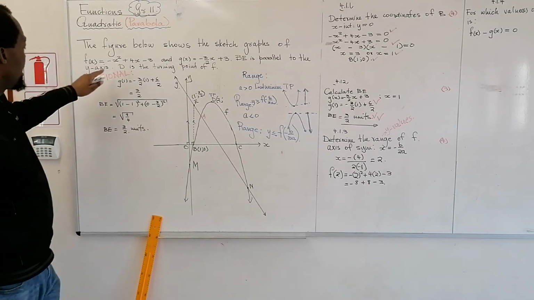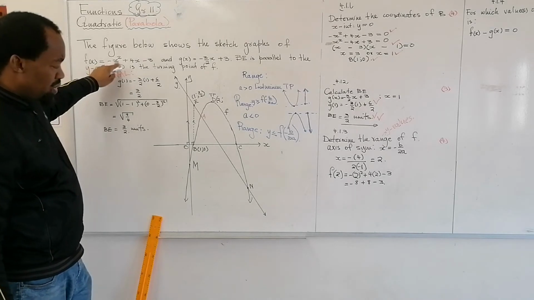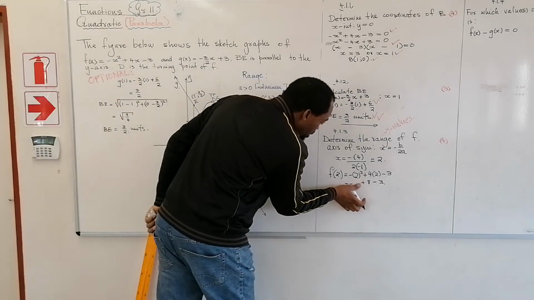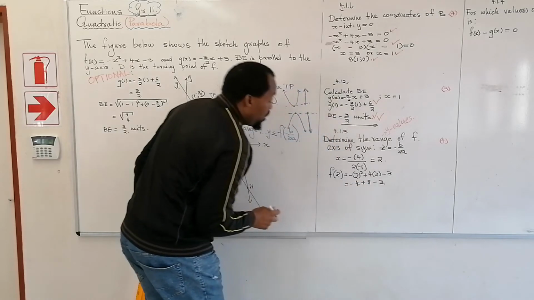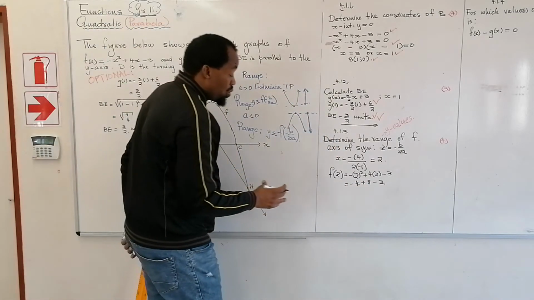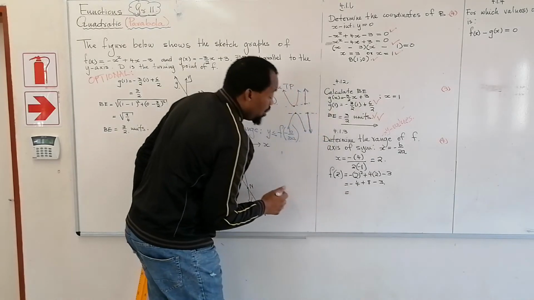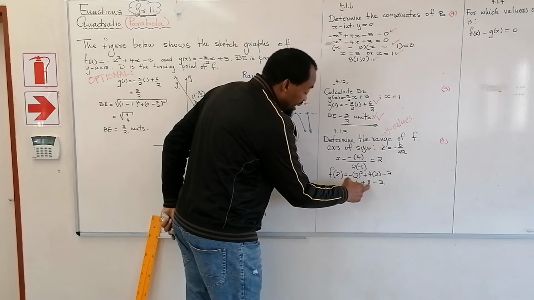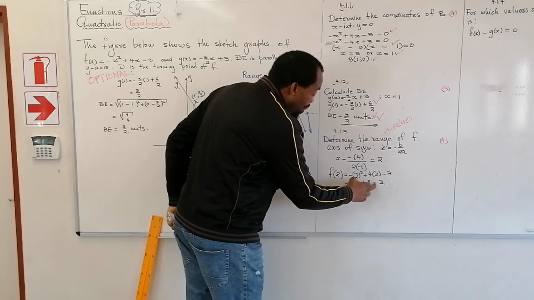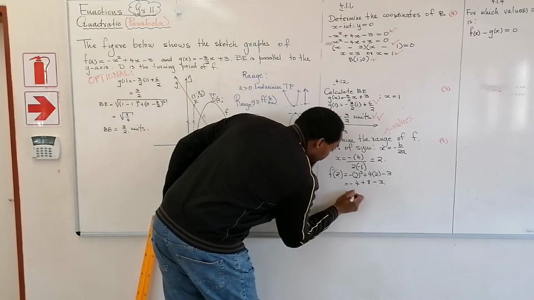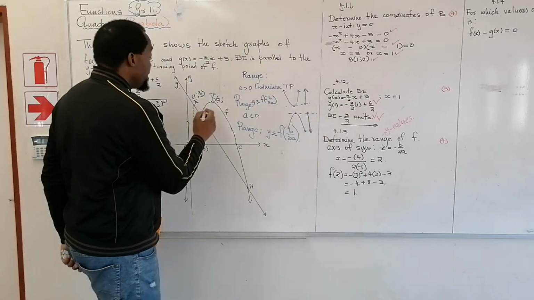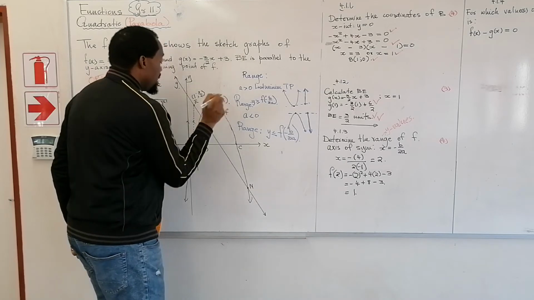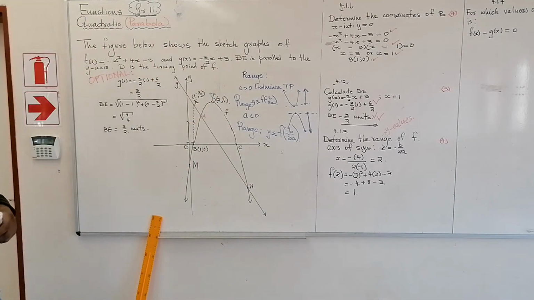Now, we add all of these. Minus 4 plus 8 is 4. 4 minus 3 is 1. Now, that means the value of y at that particular point is equal to 1, folks.